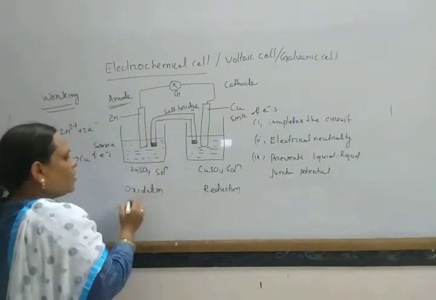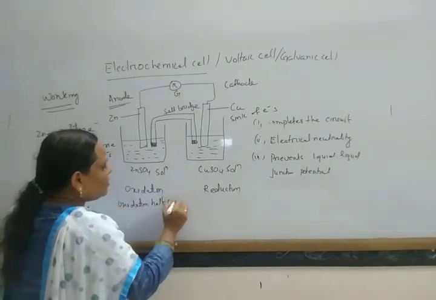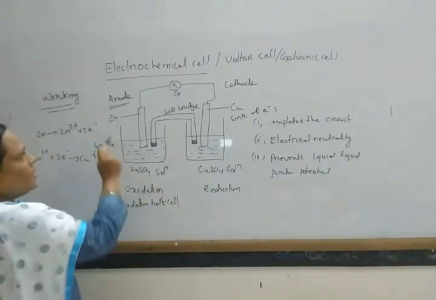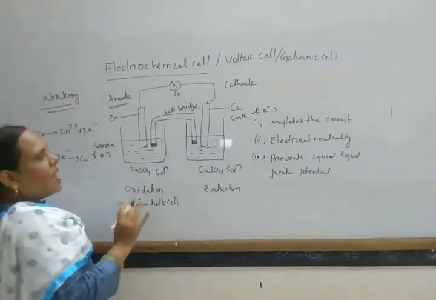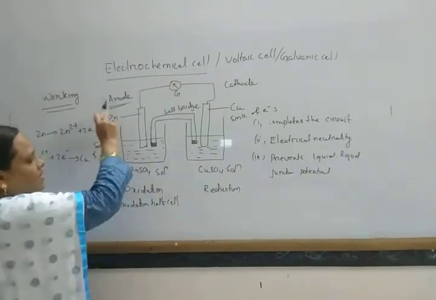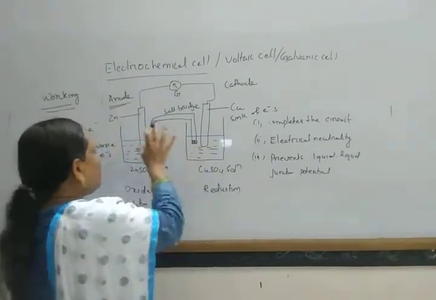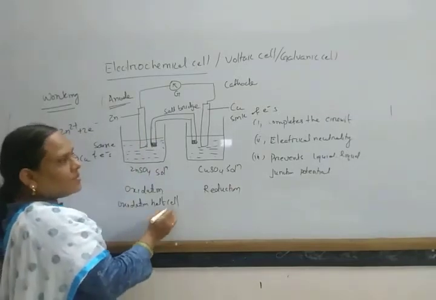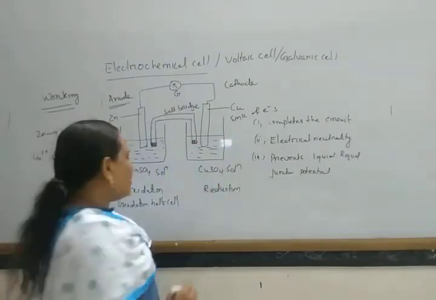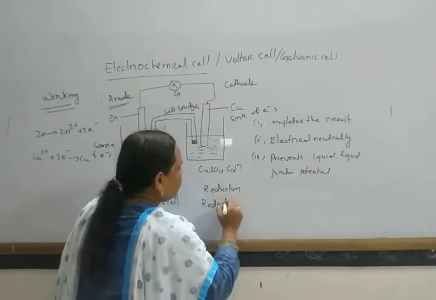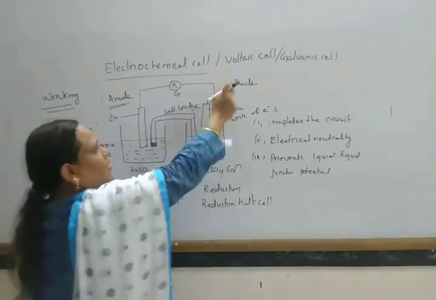The half cell where oxidation takes place, where loss of electrons takes place, is known as the oxidation half cell, and it becomes the anode. Remember AN OX and RED CAT: oxidation at the anode, and reduction at the cathode. The other half, where reduction takes place, is known as the reduction half cell, the cathode.